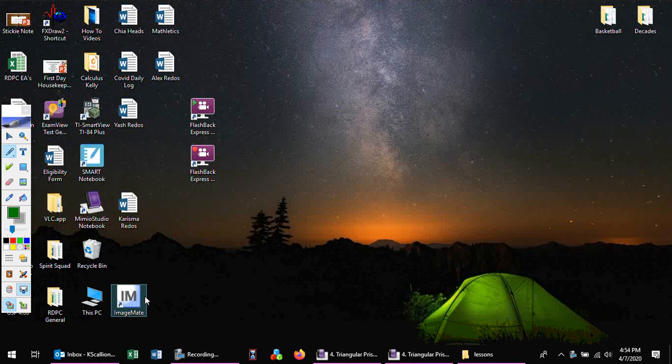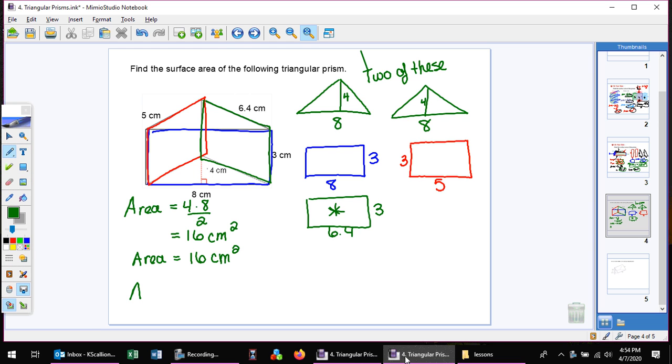Whew. Where am I? Am I here? Perfect. Area of this one is going to be 3 times 6.4, some brackets around that because it's got a decimal in it. So 3 times 6.4 equals 19.2 centimeters squared.